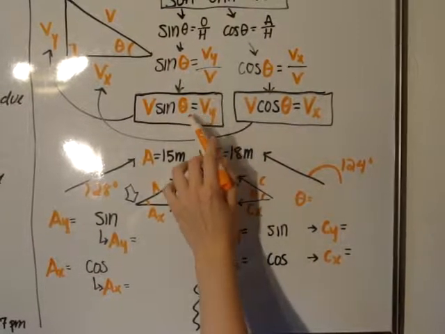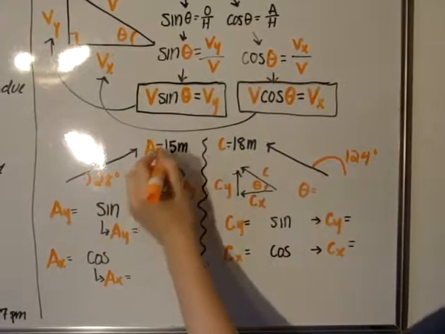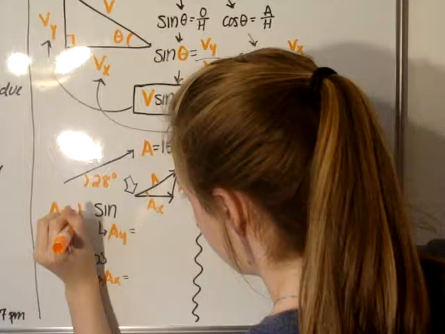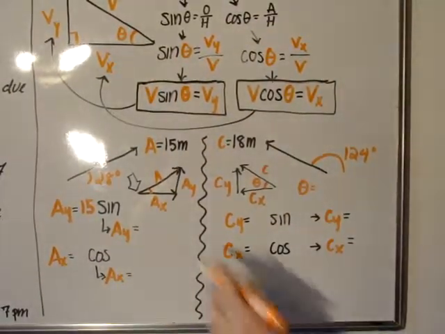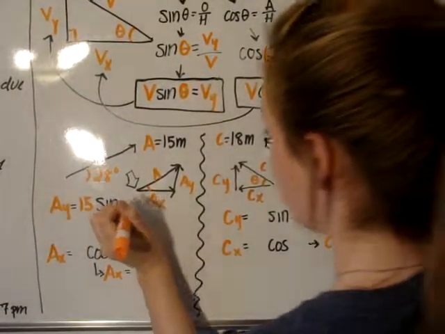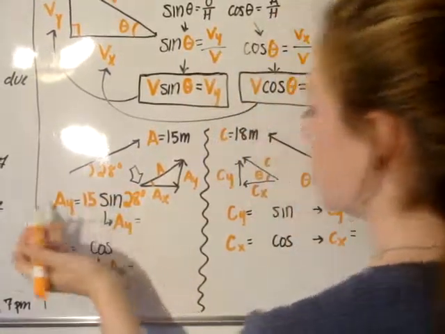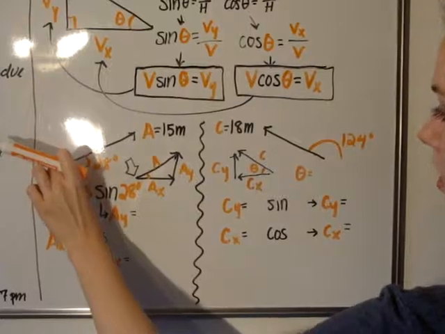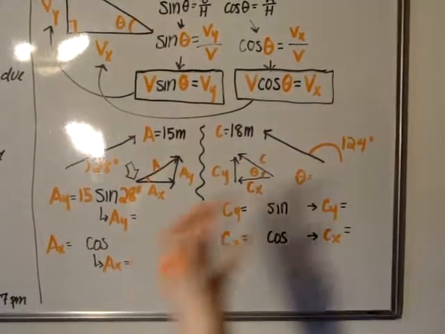Looking up over here, we can see that you take the value of this vector and plug it in. It's going to be 15, and then you also plug in the angle, so 28 degrees. I should mention, you plug in the angle in reference to the horizontal, the x value, which in this case would be classified as north of the horizontal.